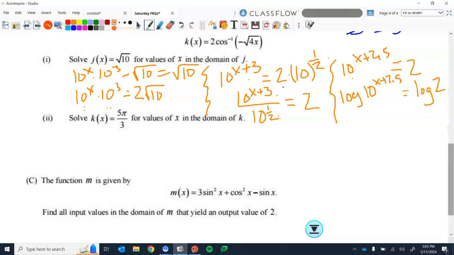Well, here, just like the natural log of e is 1, the log base 10 of 10 is just 1. That leaves me with x plus 2.5 equals the log of 2. And then I subtract 2.5 from both sides. x is equal to log of 2 minus 2.5. And that's my answer. That's a 0.5. There you go.